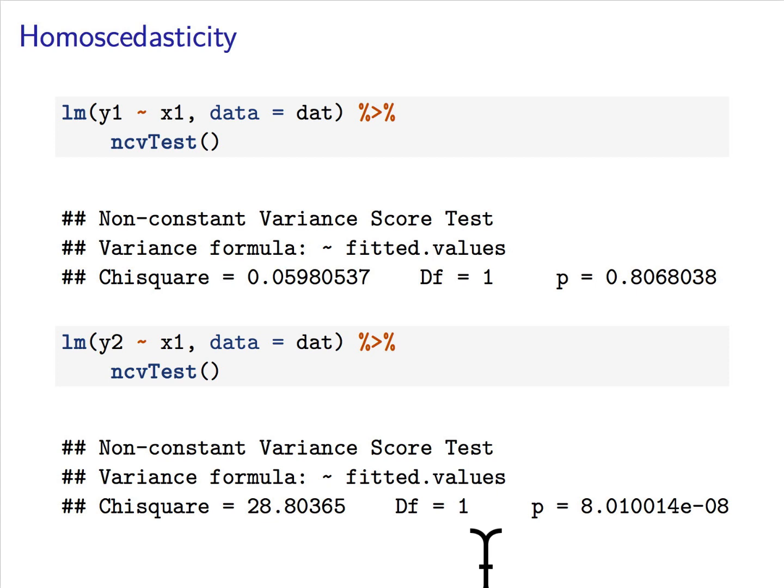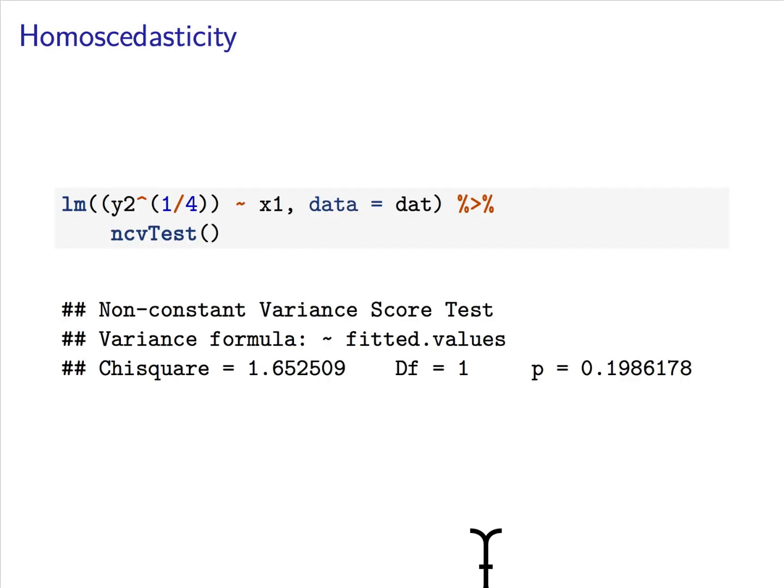Now we can transform y2 to the fourth root scale, and we get something that's much better behaved. You could also use a log transformation. In this case, that's not good because some of our y2 values are less than 0, so they'd be dropped from the model. But when we do our test for homoscedasticity here, we get a much more reasonable p-value.